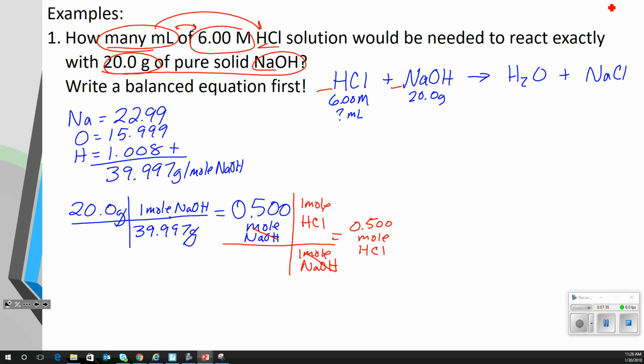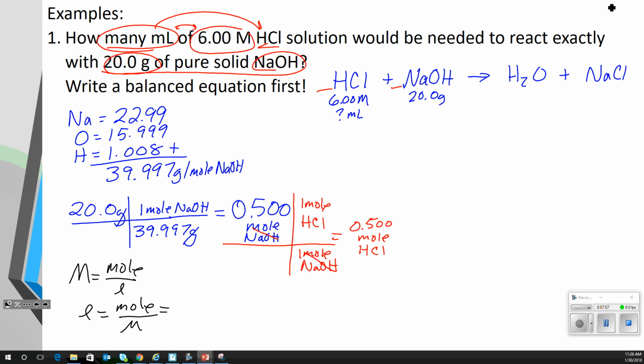Now I've got moles of HCl, and remember, molarity equals moles divided by liters, and they want to find milliliters, so if I find liters, I can find milliliters. So molarity and liters are going to trade places here. So liters are going to equal moles divided by molarity.